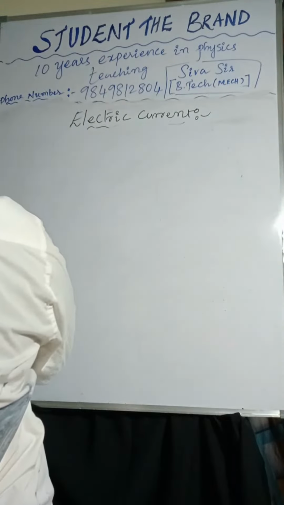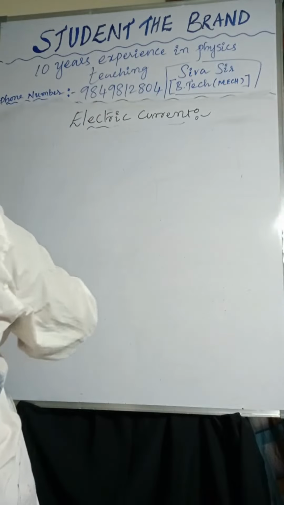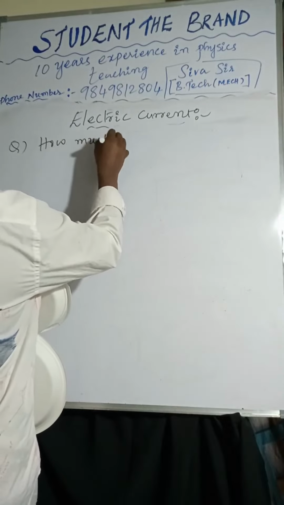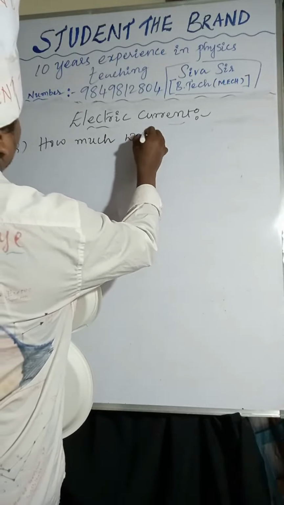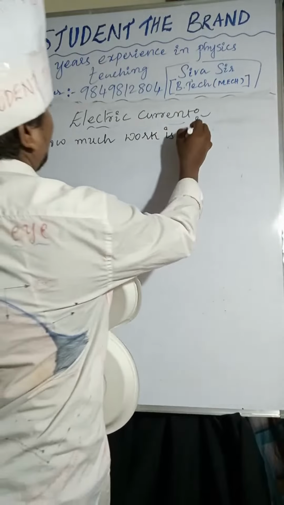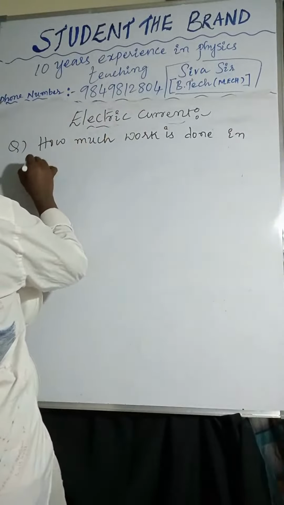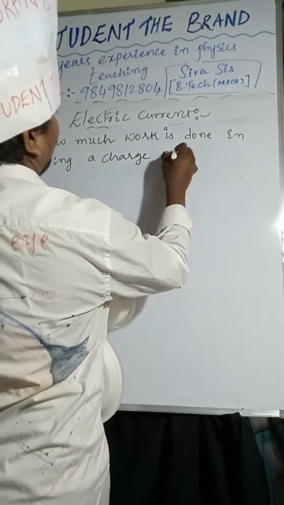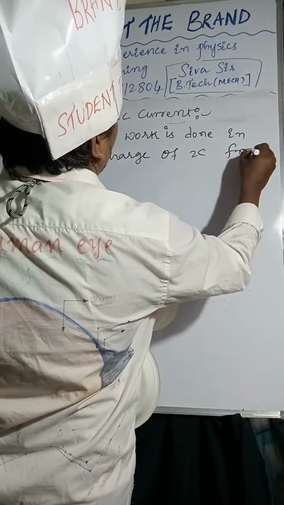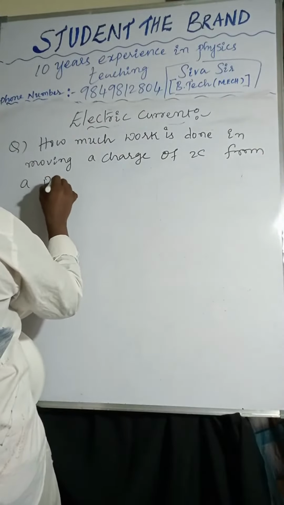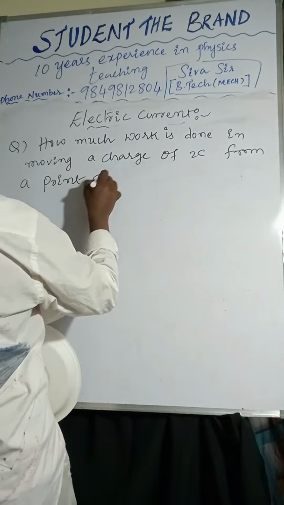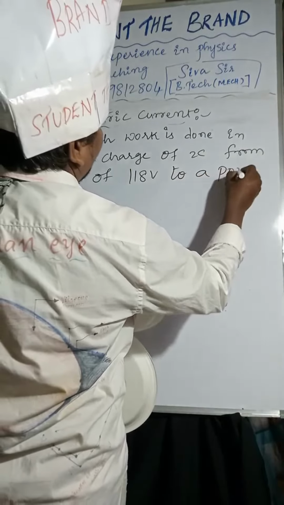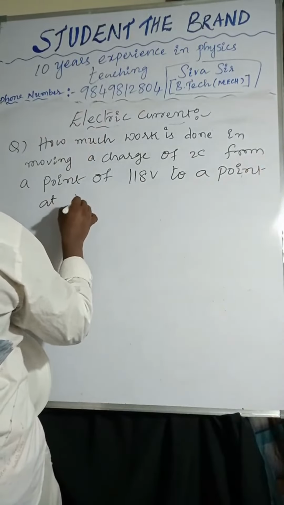The question is: how much work is done in moving a charge of 2 coulomb from a point of 118 volts to a point at 128 volts?